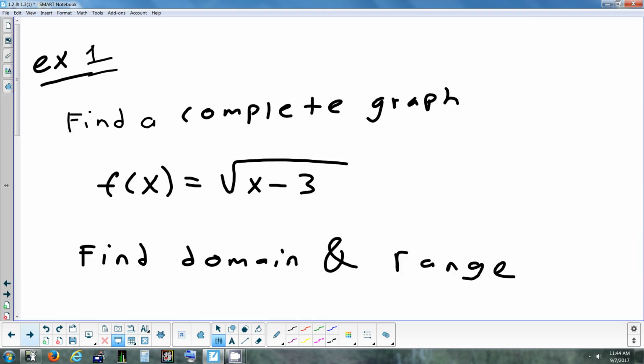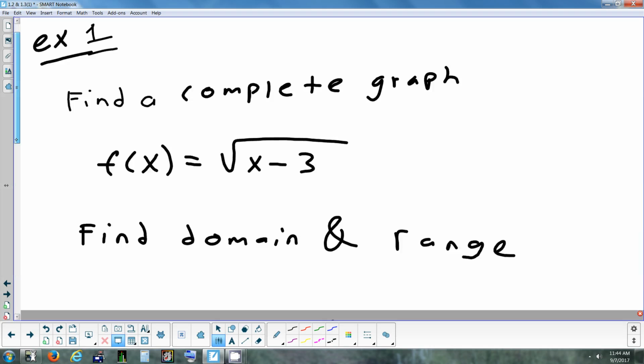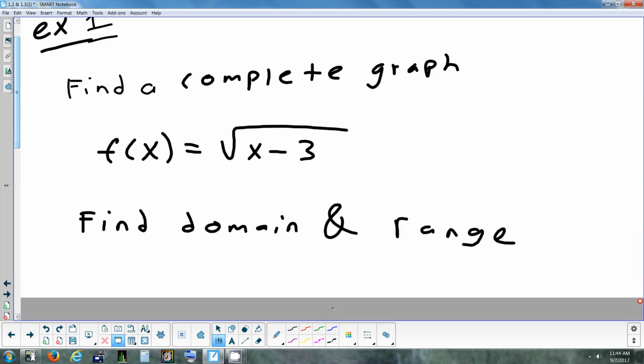Okay, so now let's see if we can find the domain and range for this. This one has a square root. What did I say about square roots? You never want to take the square root of a negative number. So could I plug in 1 for x?